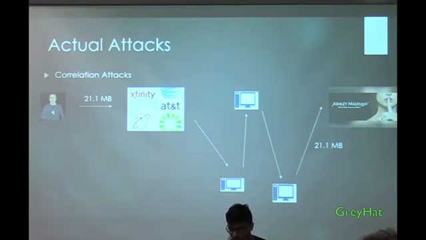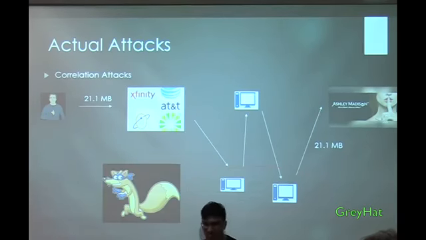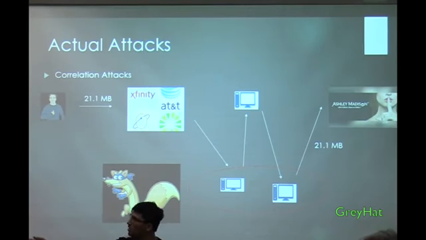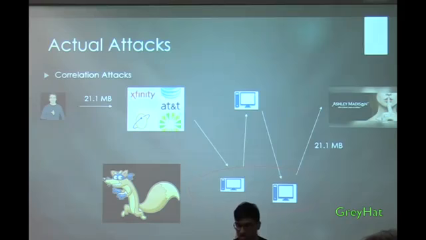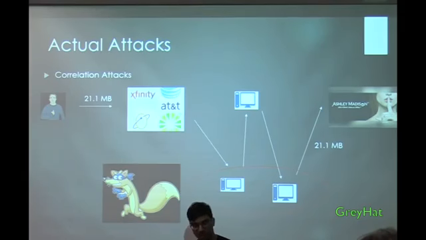So if some kind of malicious party owns the first node and the last node in the Tor network, then they can basically correlate the fact that from your IP address, I received this much data and this much data came out on the other end. So it seems pretty plausible that this guy is trying to access this website.